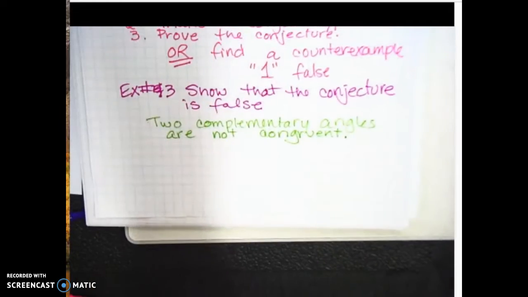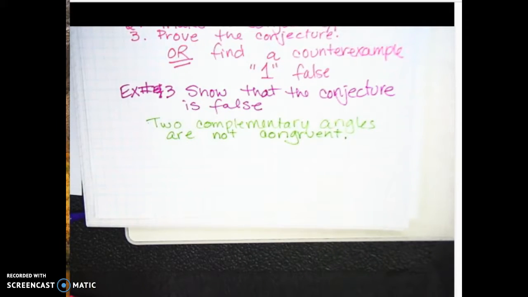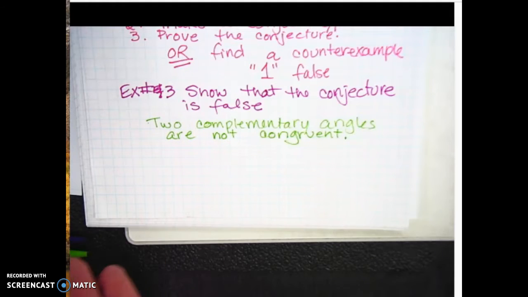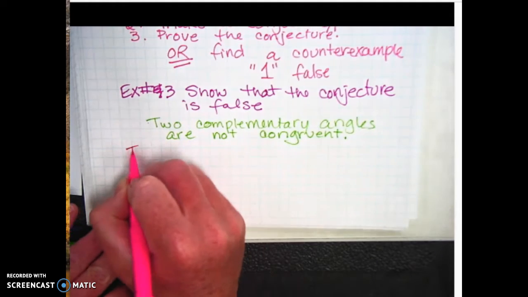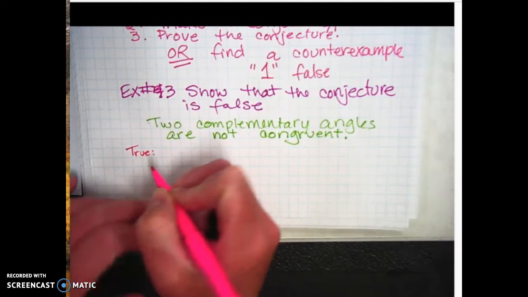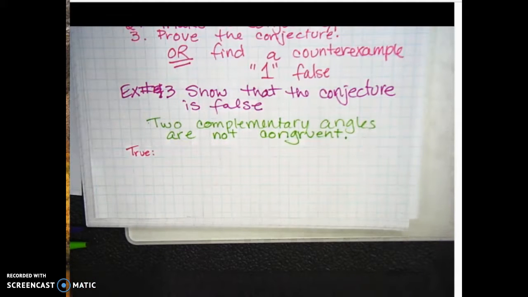So example number 3, we want to prove that this conjecture is false. We need to come up with just one example that will make it false. But we can think of a lot of things that will make it true, and we can come up with a bunch of them, right?